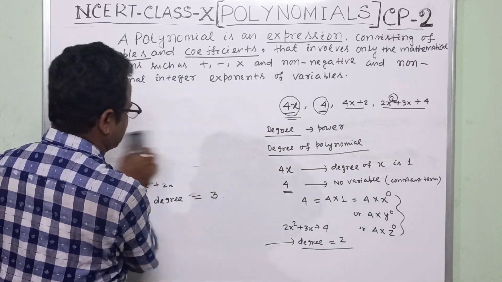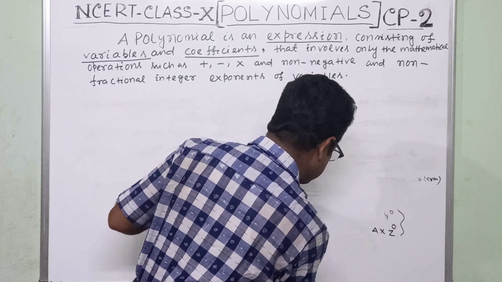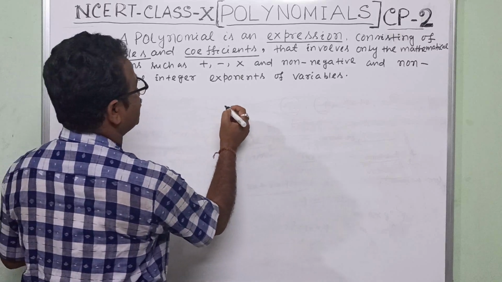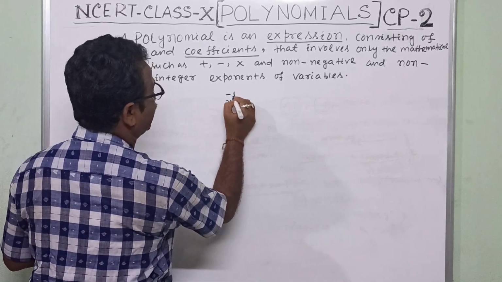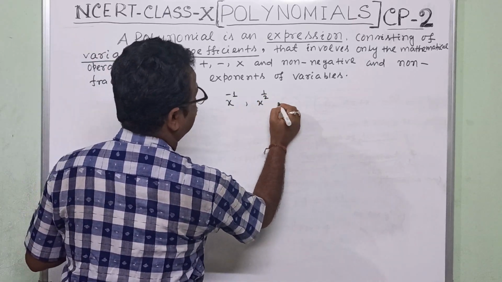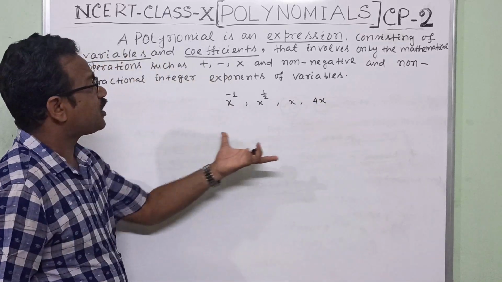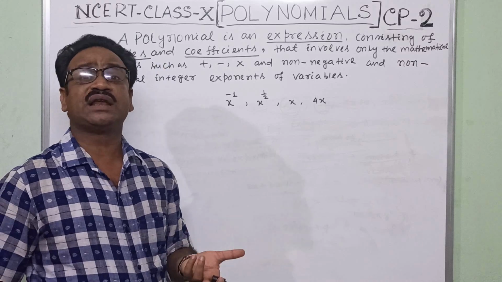Now move on to the types of polynomials. If I write x to the power minus 1, x to the power half, x, 4x, which one is a polynomial and which one is not?